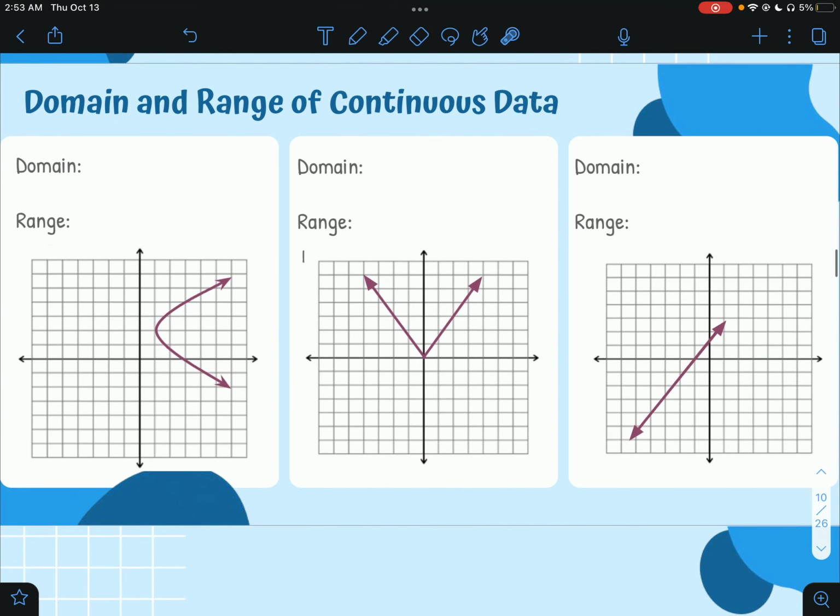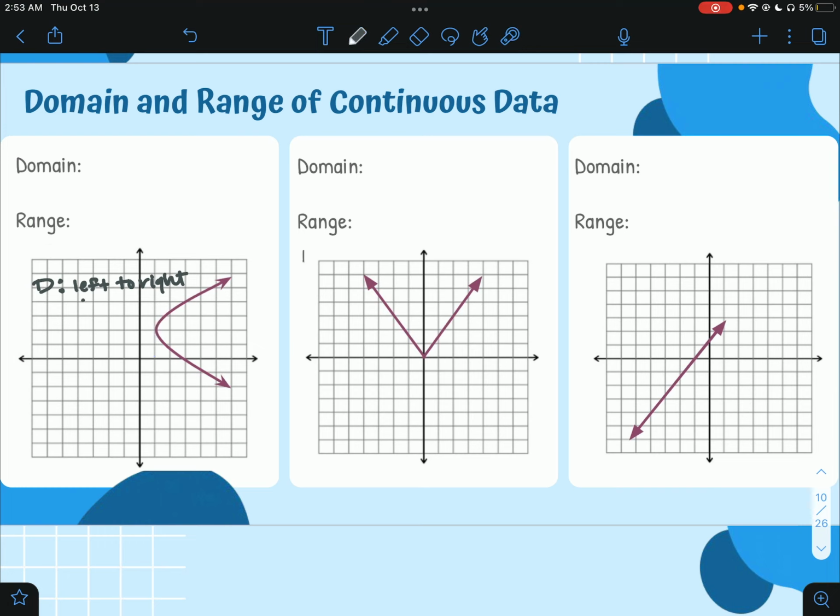Now, let's try a couple of these. If we look at our first graph, we're still going to ask ourselves the same question. For domain, we're thinking from left to right. Let's get those numbers. If we take our pen and put it on the furthest point to the left, our x value right here is 1.